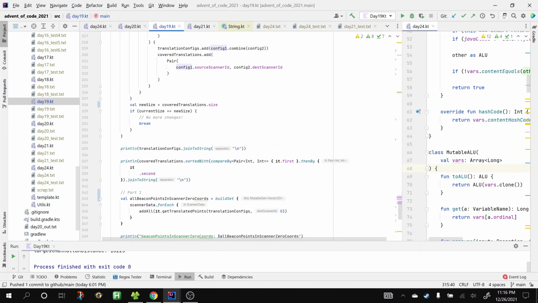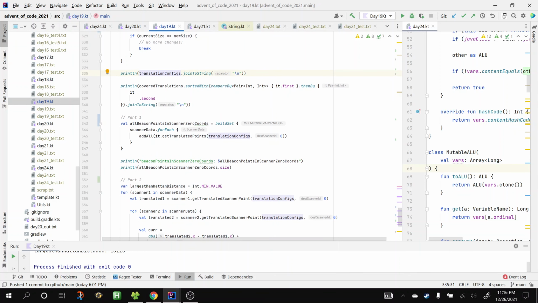Right, so in the end, we would have these various translation configs, and once we have all these translations, all we need to do now is convert all of these scanners into just one single scanner coordinate system. So this is what I did here. I iterated through all the scanners.